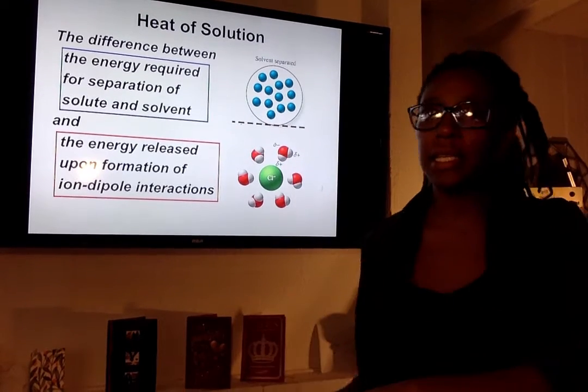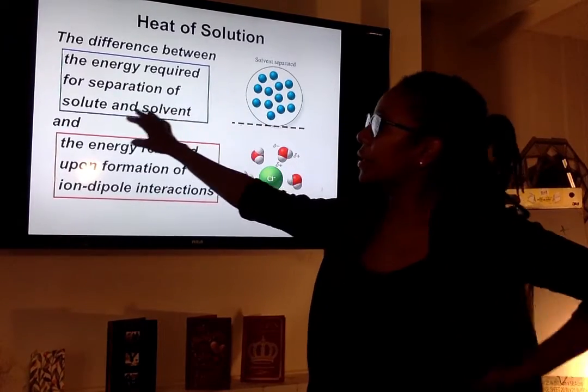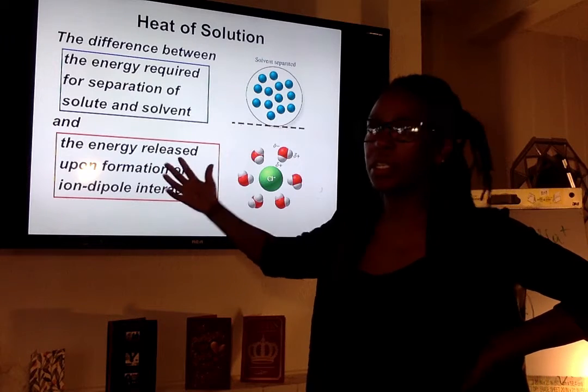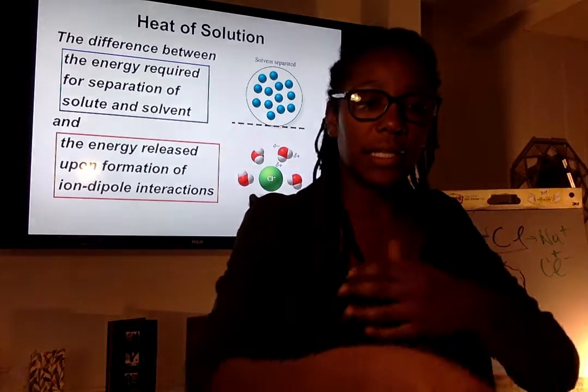So that's the heat of solution: the amount of heat required for the separation of the solute and the solvent, and then how much energy is released to make the new forces between the ion and the dipole.